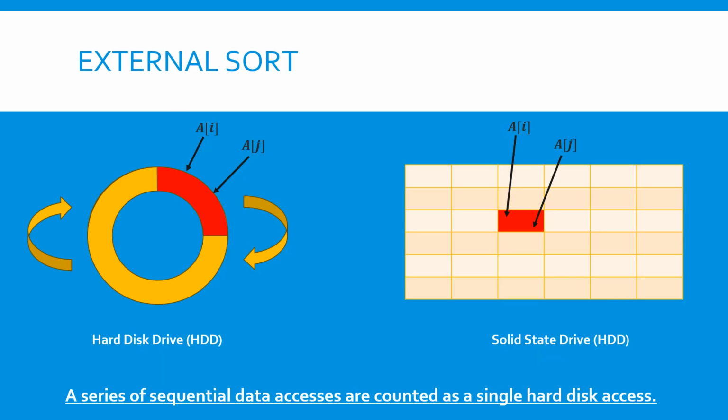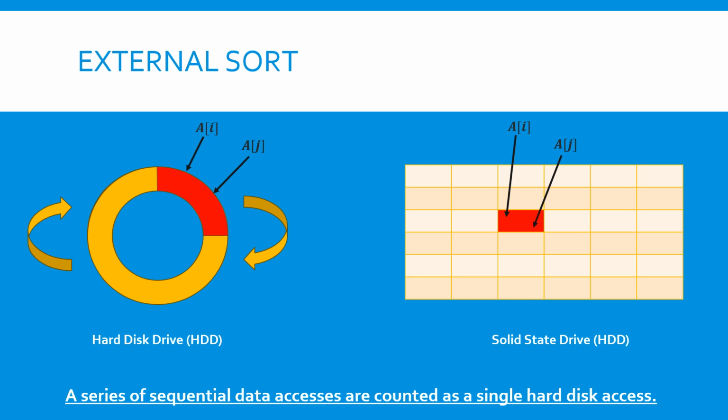As a result, for a traditional hard disk and some i smaller than j, accessing A[i] first and then A[j] is faster than accessing A[j] first and then A[i]. This is because disk spinning is unidirectional. If the head is currently on A[j], we would need to spin almost an entire circle to reach A[i].